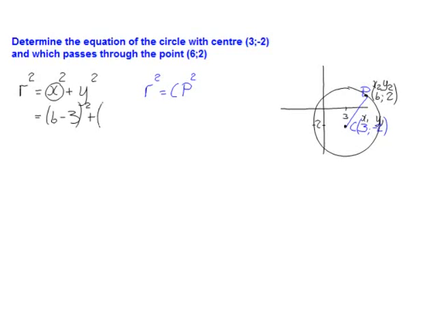If you want to work out the y, you say (2 minus 2) in brackets squared. So we have 3 squared over here, and we have 4 squared over there. So it's 9 plus 16, that will give me 25. So we have r squared is equal to 25.